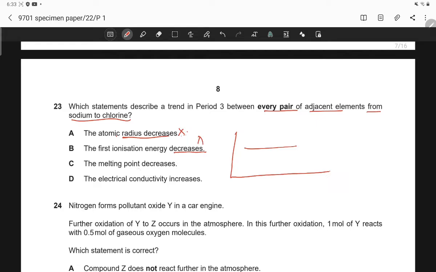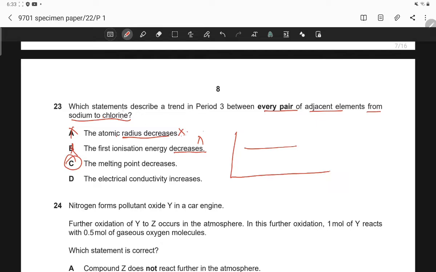The melting point decreases. From sodium to chlorine the melting point increases, so this is incorrect. Melting point does not simply decrease, because across the period from sodium to chlorine first come metals, then non-metals.